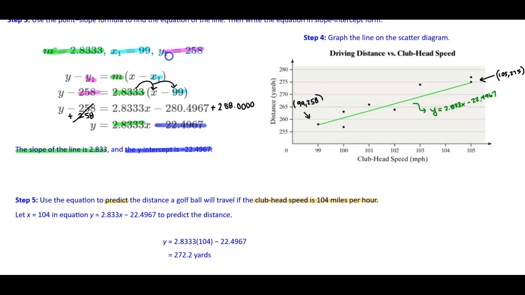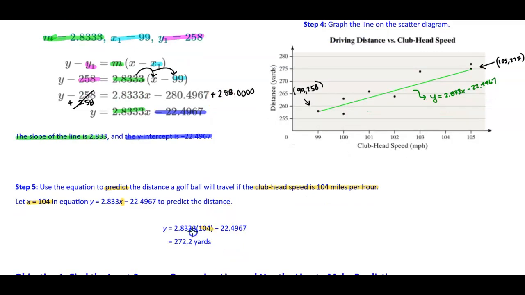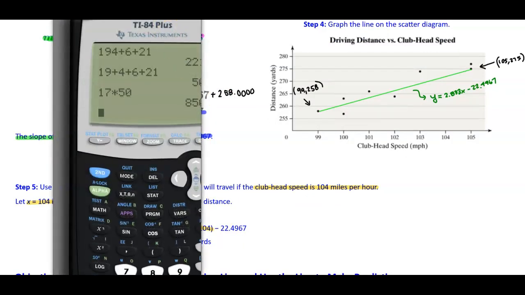So that tells us that we're going to let x equal 104, and plug it into the equation we just found. So y is going to equal, now we replace x with 104. We can do that on our calculator to verify our answer.